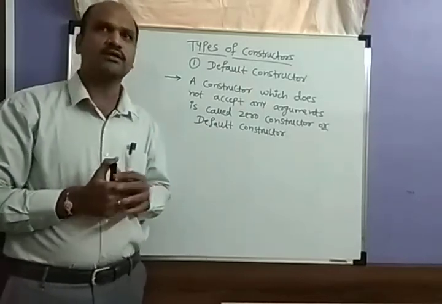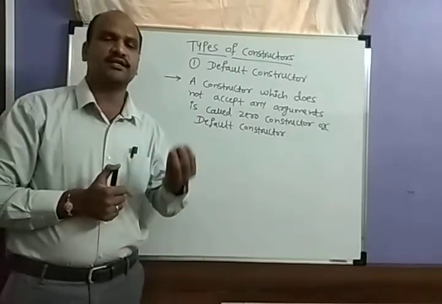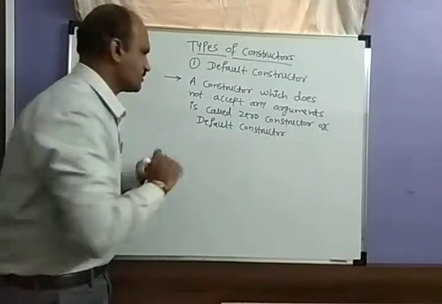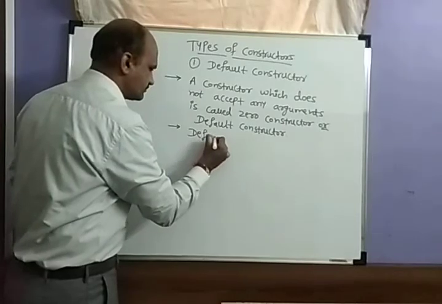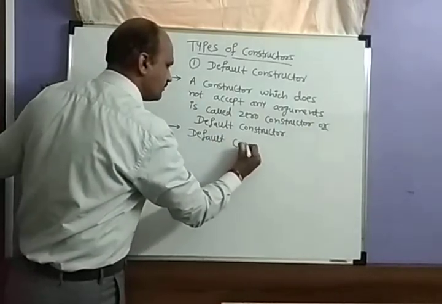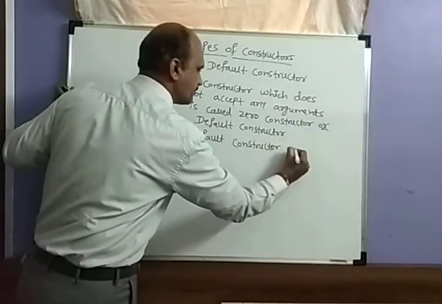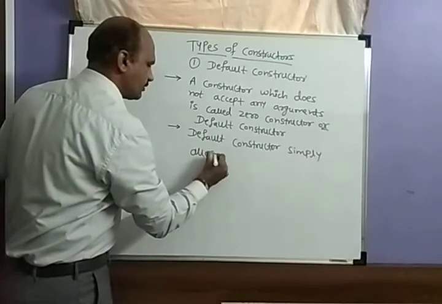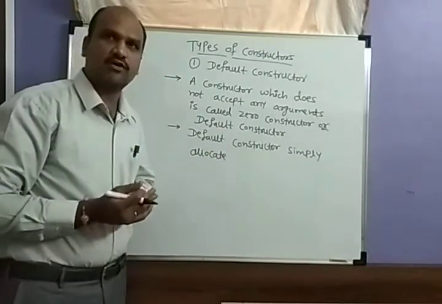And the second point, the default constructor simply allocates the memory to the data members of the object. As I told you, when you create an object, it will automatically be created.